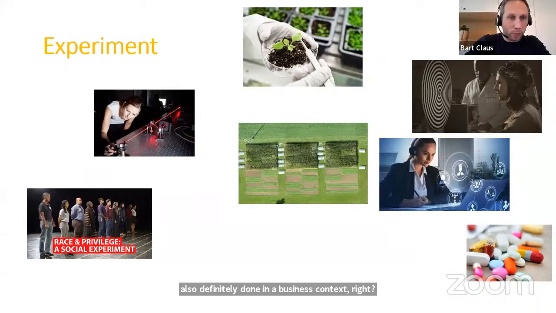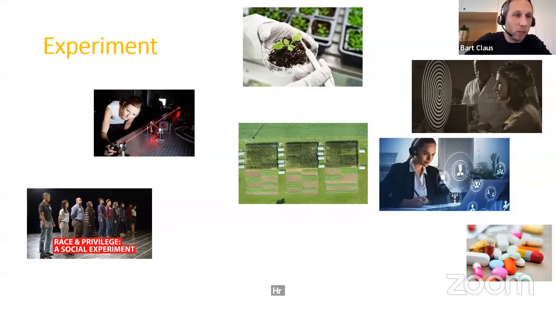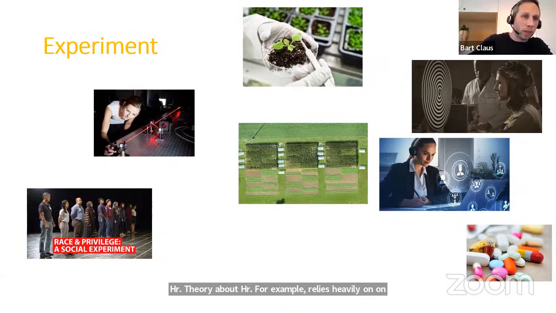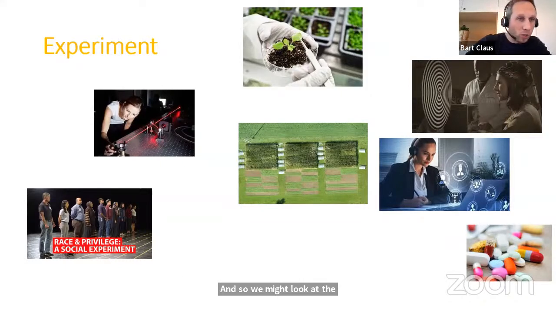HR, or theory about HR, for example, relies heavily on experiments, and also research on HR relates a lot to psychological research as well. And so we might look at the influence of team composition on performance, for example.